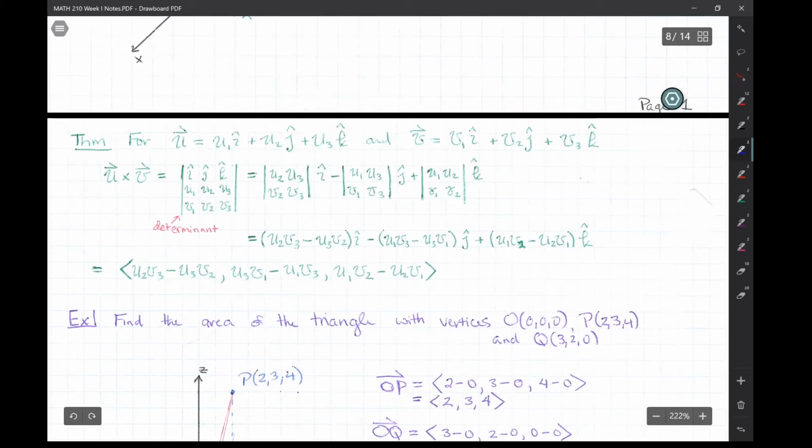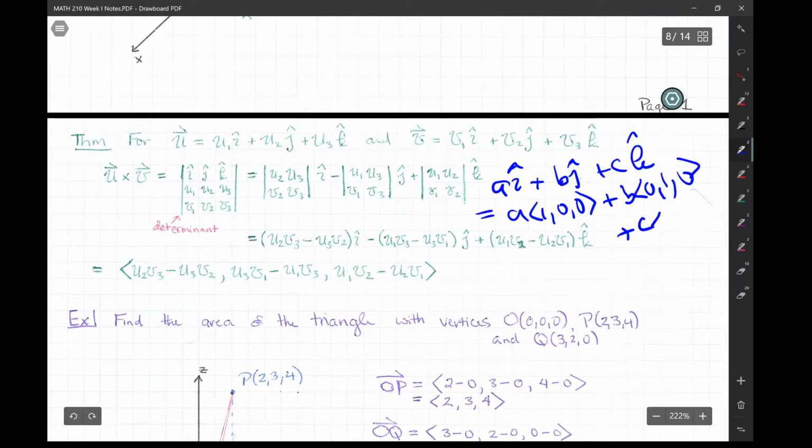And of course, this works. Maybe it's worth going into just for one second. If you have a i hat plus b j hat plus c k hat, well, that's the same as, say, a times 1 0 0 plus b times 0 1 0 plus c times 0 0 1. Well, what do we get when we simplify? What are you going to do when you multiply this a through the vector i hat?